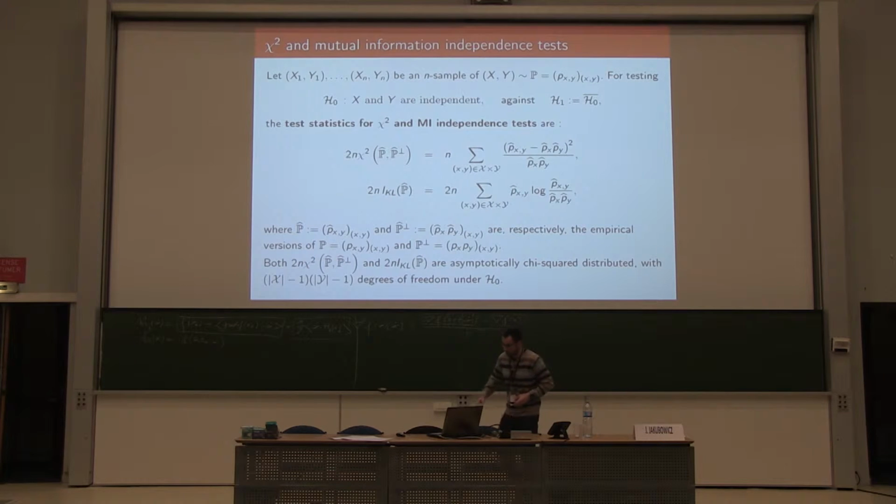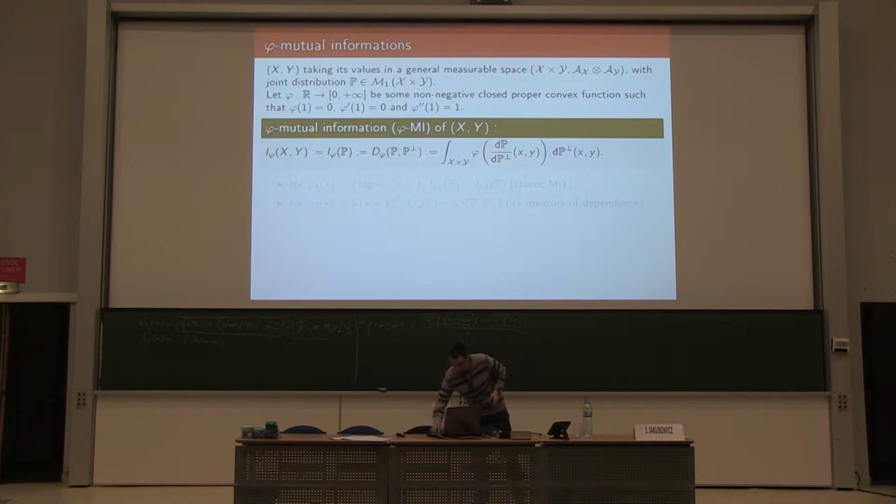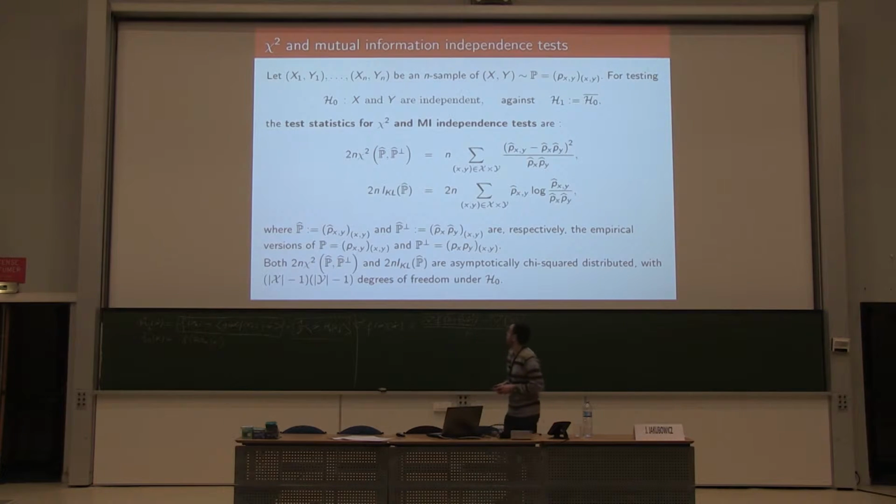And you obtain the classical chi-square test statistic for independence, as well as the classical Kullback-Leibler independence test statistic, which are well known to be asymptotically chi-square distributed under the null hypothesis of independence. So you are able to compute the p-values using this approximation.